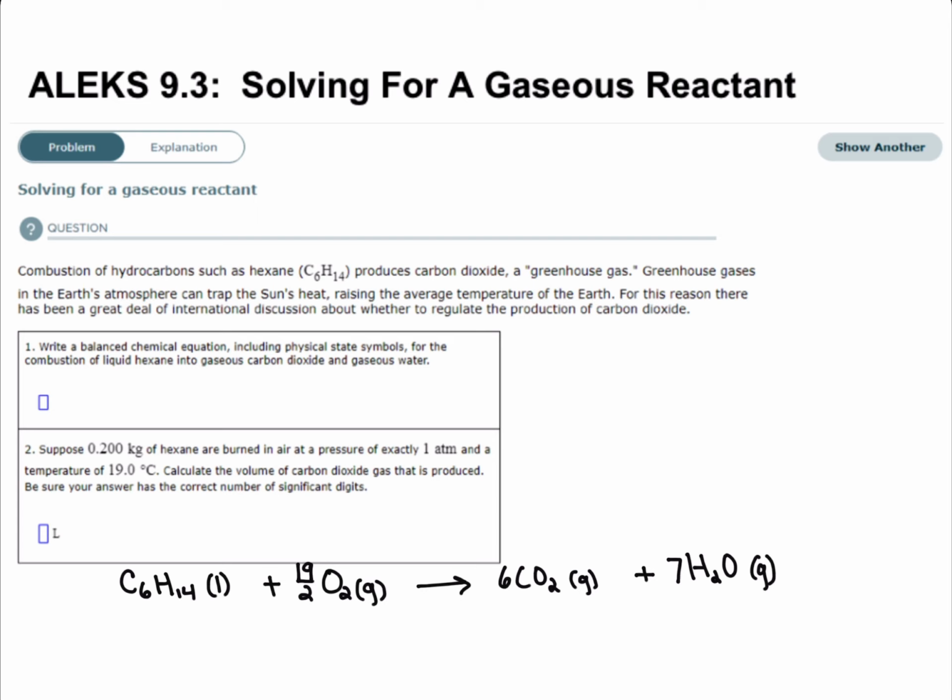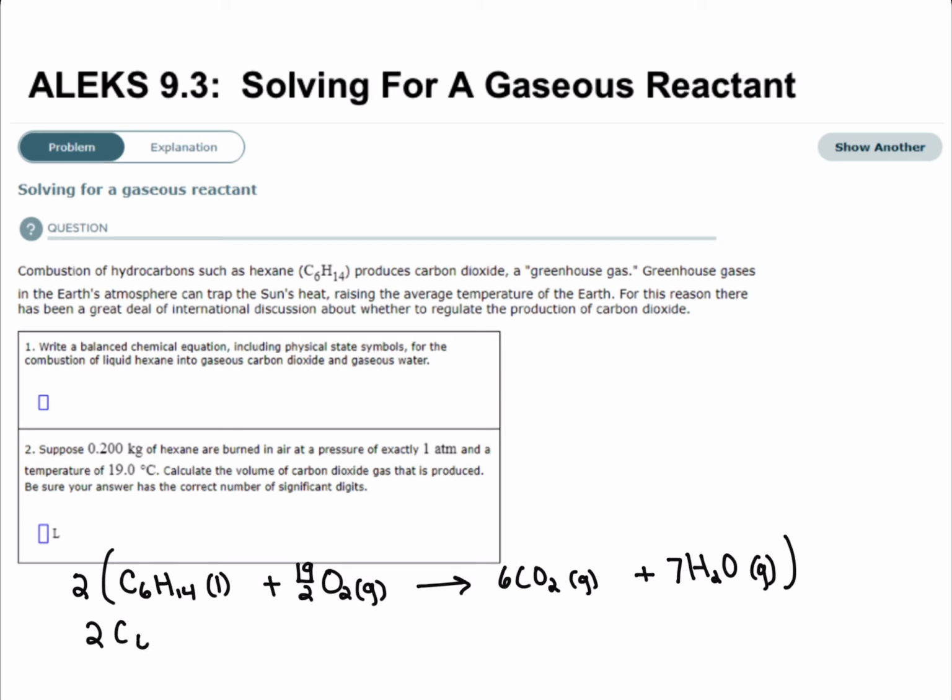So I can keep it this way to start, but my final balanced chemical equation needs to have whole number coefficients. In order to get rid of that fraction, I'm going to multiply the entire chemical equation by 2. So I'm going to distribute the 2 to every molecule in this chemical equation.